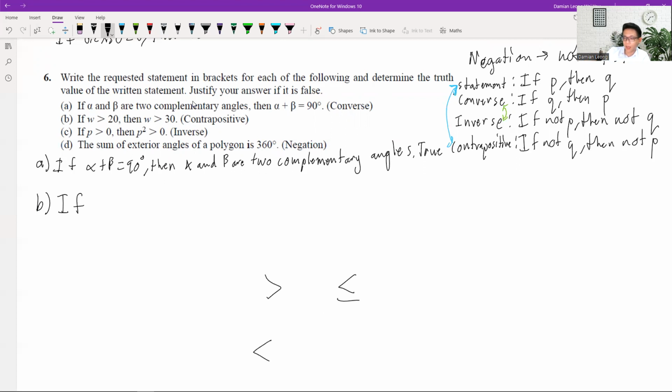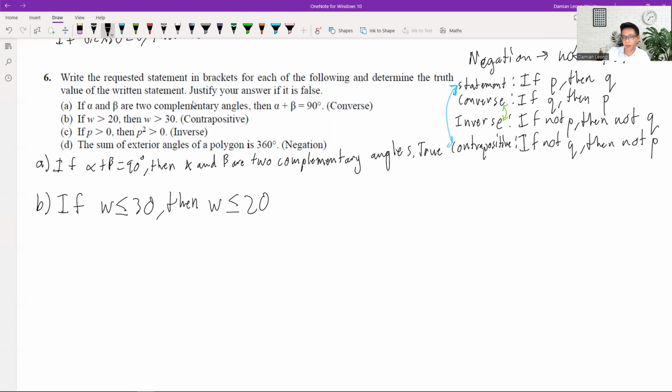If it starts with less than, the opposite will be more or equal. If it starts with more or equals, then the opposite will be less than. So switch and negate means: if W less or equals 30, then W less or equals 20.